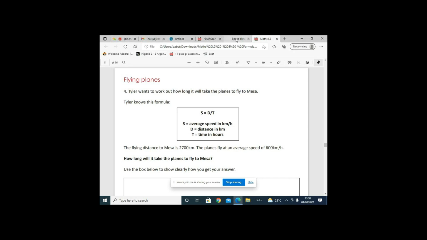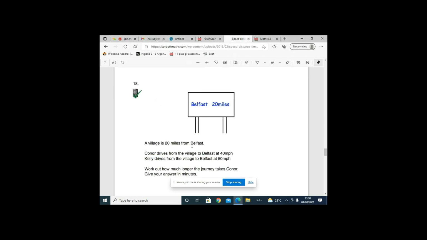Then I asked the other students, Lydia, to do this question. A village is 20 miles away from Belfast. Connor drives from the village to Belfast at 40 miles per hour. Kelly drives from the village to Belfast at 50 miles per hour.